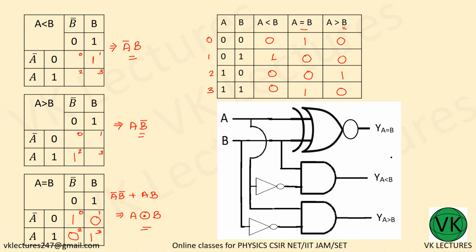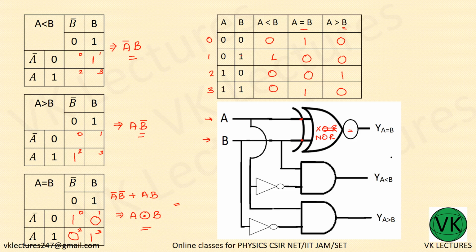Now let us draw the logic gates, a and b to the XOR gate. Sorry, it is an XNOR gate, because you have a NOT gate in front. So the XNOR gate gives you y a equal to b.